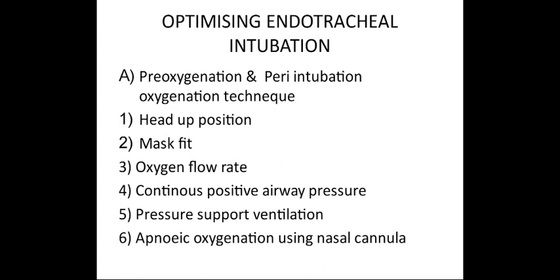It provides safety margin before desaturation occurs. Pre-oxygenation and mask ventilation preserve oxygenation until airway is secured by giving neuromuscular blockade. The following different techniques of pre-oxygenation and peri-intubation oxygenation are done.